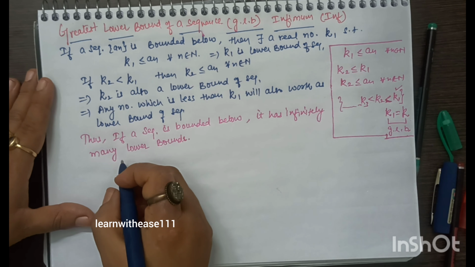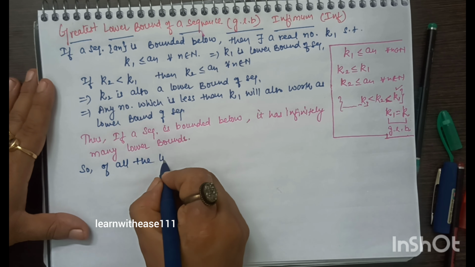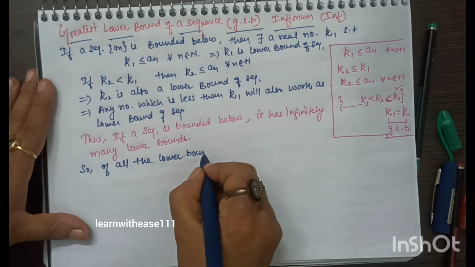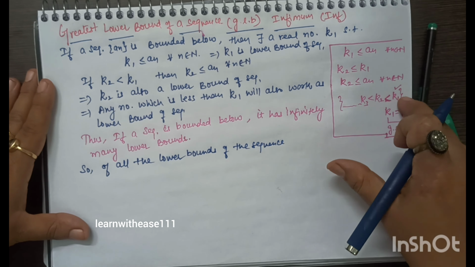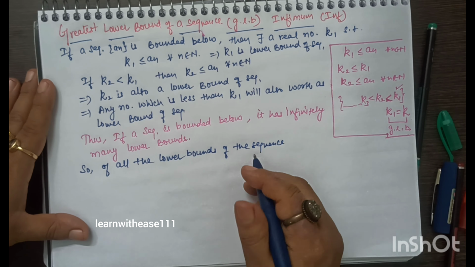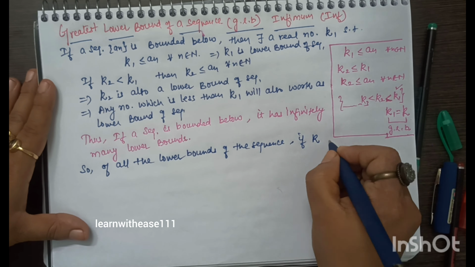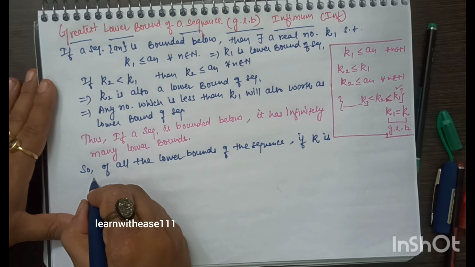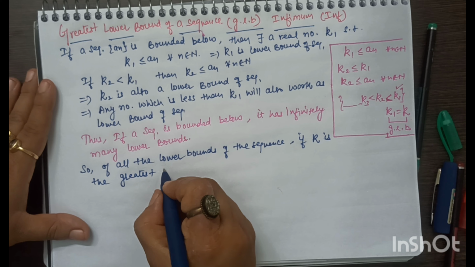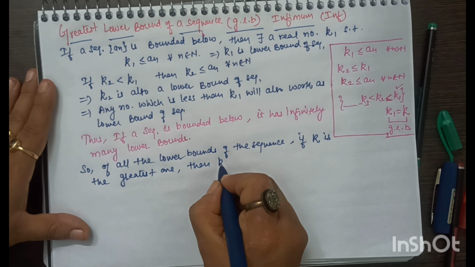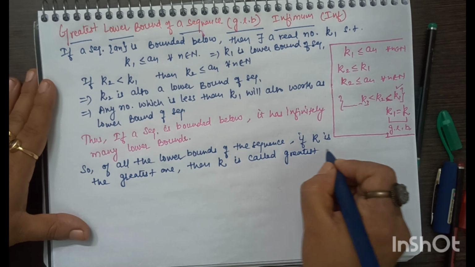If a sequence is bounded below, it has infinitely many lower bounds. So of all the lower bounds of the sequence, if one particular value I am choosing is the greatest of this collection, if k is the greatest one, then that particular small k is the greatest lower bound or GLB of this sequence.